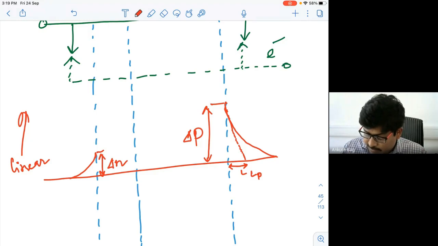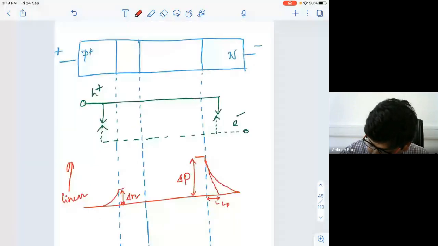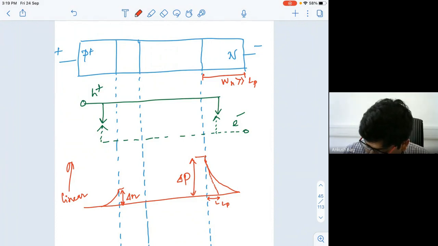Again, see another thing regarding the width. If you once again recall the initial assumption, this was Wn, and we considered Wn to be very, very greater than LP. The meaning of this assumption is that the injected holes should be given enough room so that they recombine.